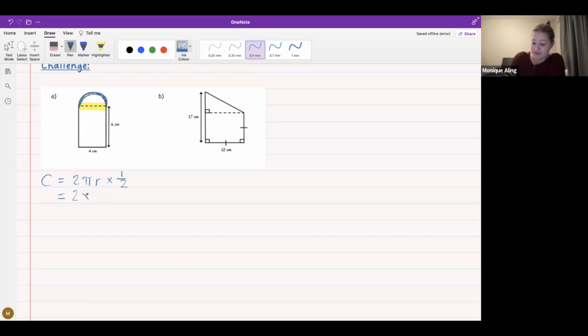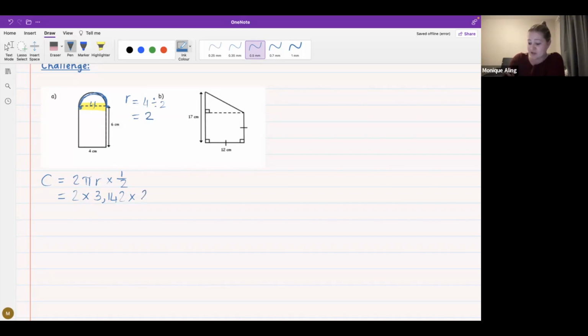So I'm going to say 2 times pi, which is 3.142, times the radius. Okay, so we know that the diameter is 4 centimeters. From that edge of the circle to that edge is 4. So radius is half of that. So 4 divided by 2 is equal to 2.